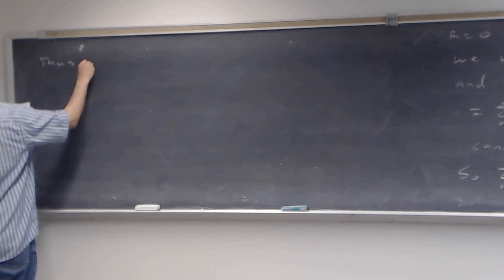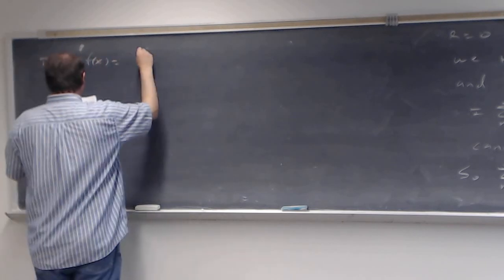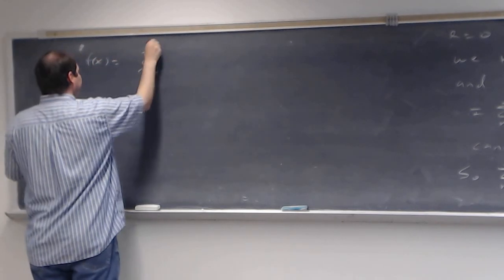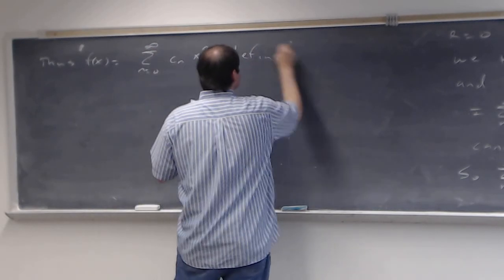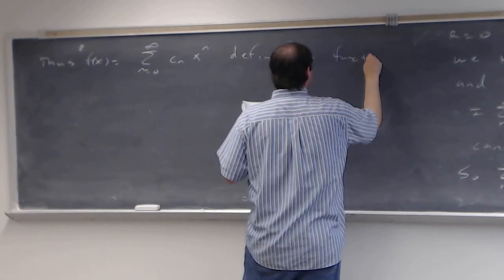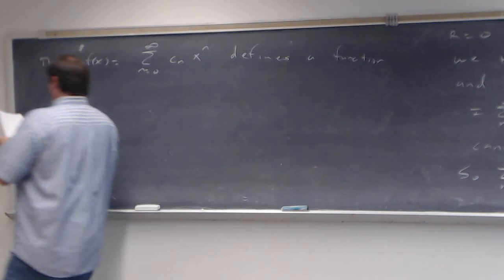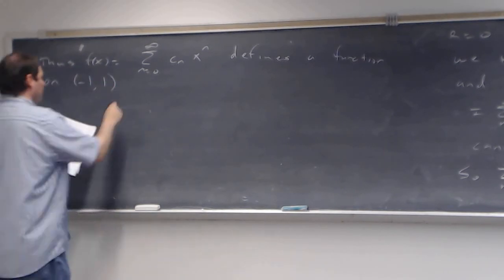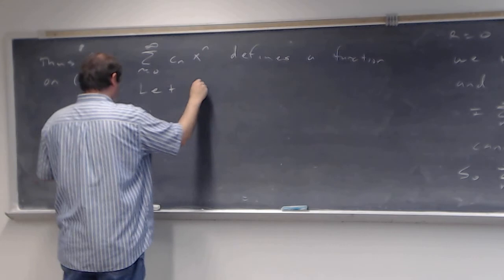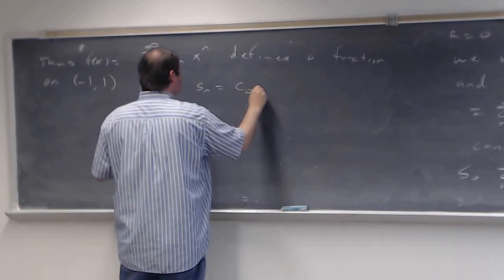Thus, f of x equals the sum as n runs from 0 to infinity of c sub n x to the n defines a function on -1 to 1.